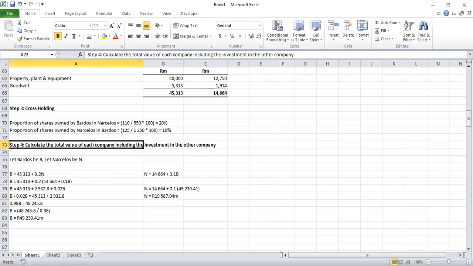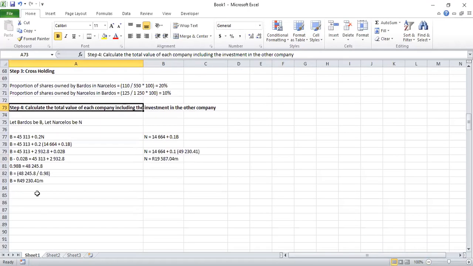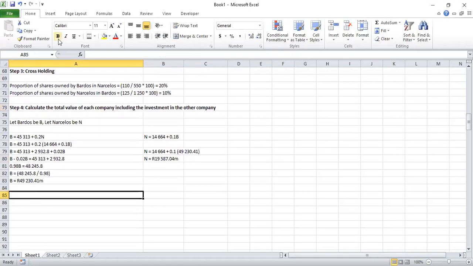Right. So now, step 5: calculate the value of each company excluding the cross holding.